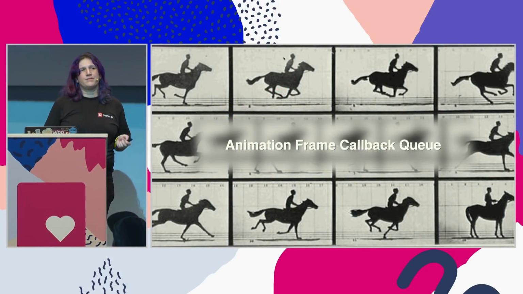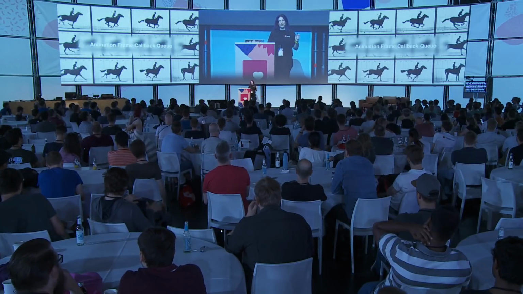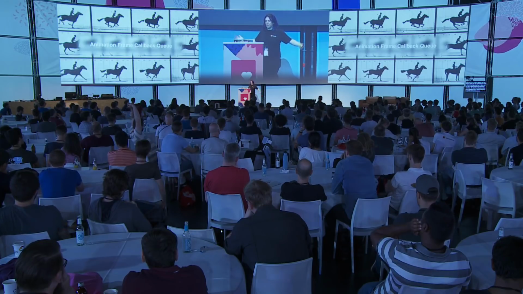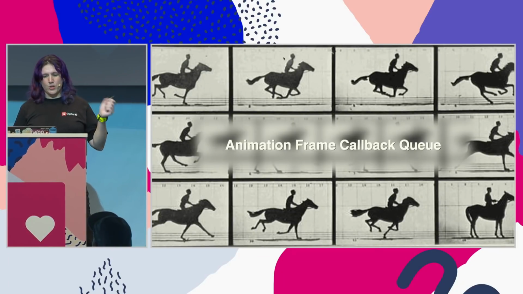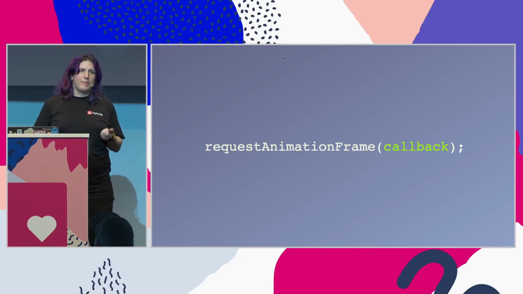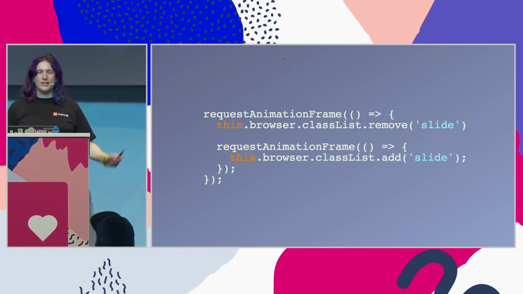So we also have the animation frame callback queue, which I'm going to call the animation queue, because if I keep saying animation frame callback queue, this talk is not going to get finished in time for lunch. So you can add things to the animation queue by calling request animation frame and passing it a callback. Why would one do such a thing?